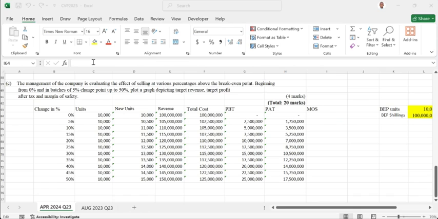Repeat the question. What don't we have from the question for us to have a complete graph that they want us to have? The margin of safety. So I write MOS. Now, same question to you. How do we find MOS?